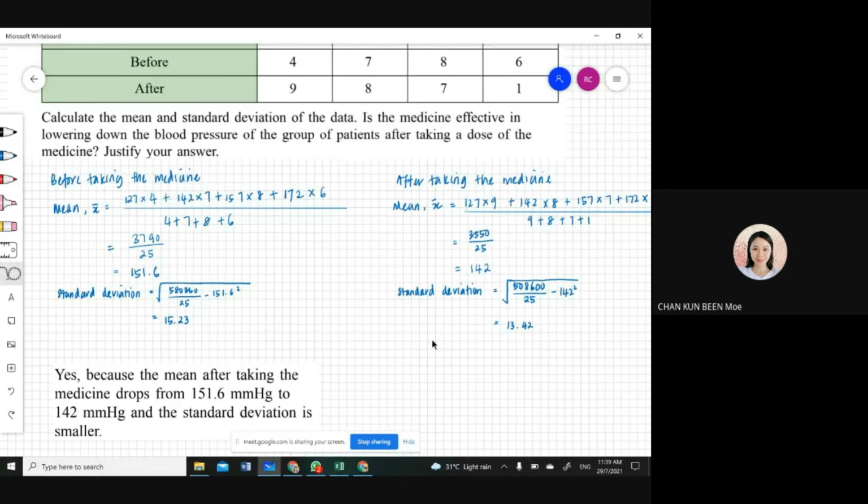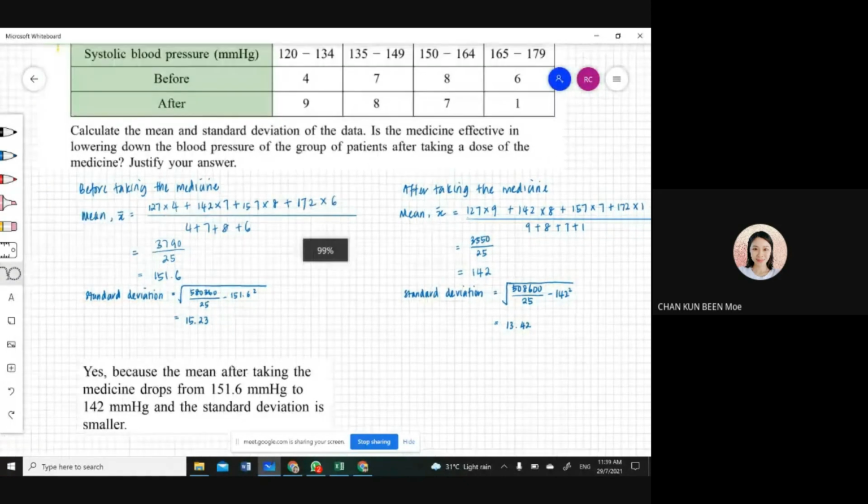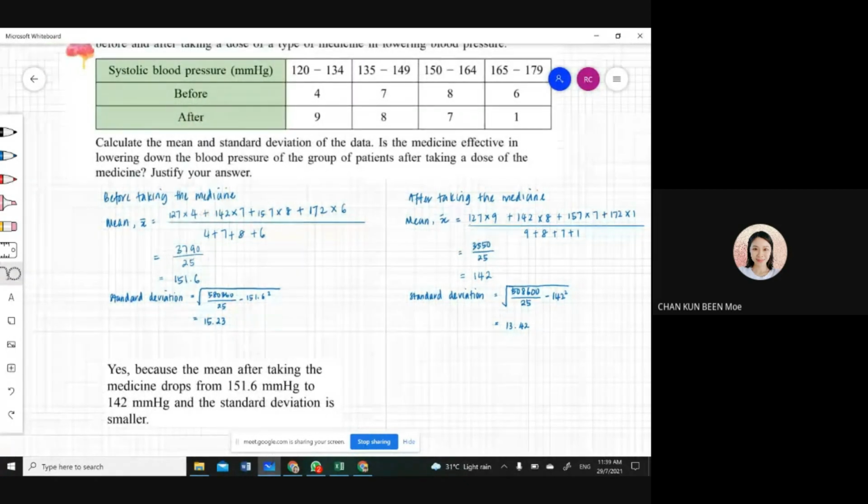Now I change the question. What about loan repayment? Mean for loan repayment every month, is it bigger the better or smaller the better? Smaller. Yes, smaller the better, because that's the remaining amount of your loan. The smaller the better, meaning that you have less debt to the lender. Okay, so make sure you know how to find the mean and how to explain the mean.